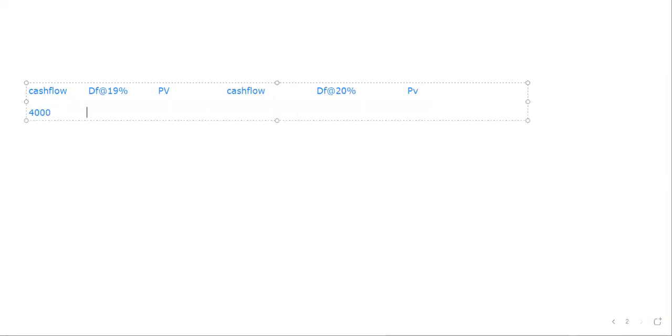And discounting factor at 19% for the first year is 0.840. So the present value when I multiply it is 3360. Therefore, at the rate of cash flow, this one also is 4,000, whereas discounting factor is 0.833.